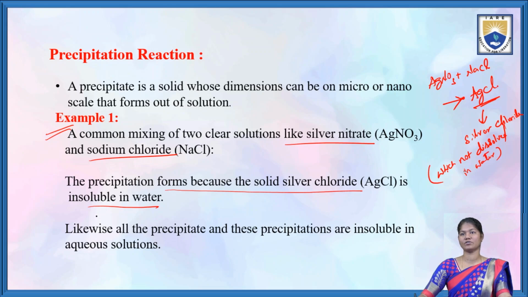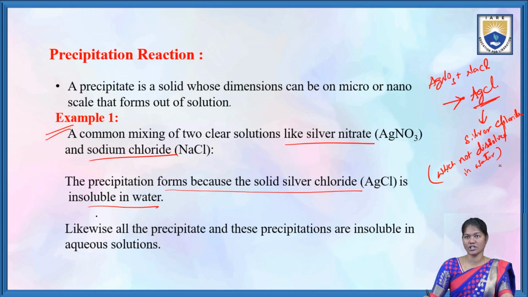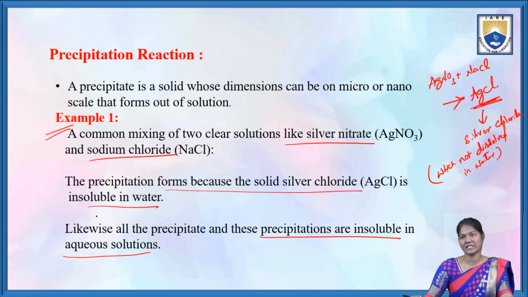This silver chloride does not dissolve in water, so it is insoluble. Likewise, all these precipitates are insoluble in aqueous solution. So this silver chloride will settle down at the bottom of the solution.